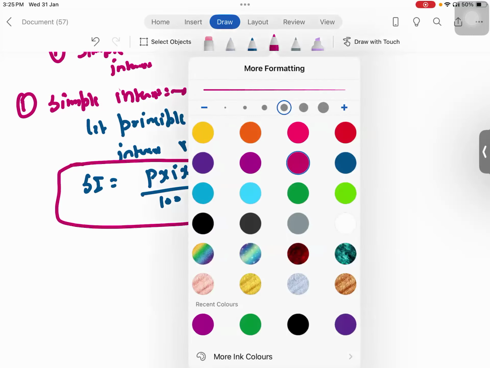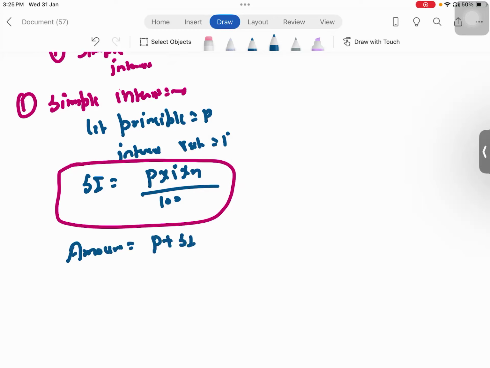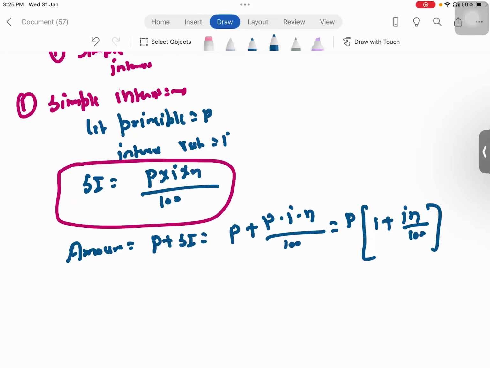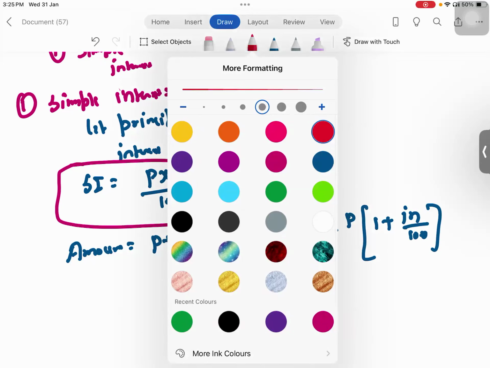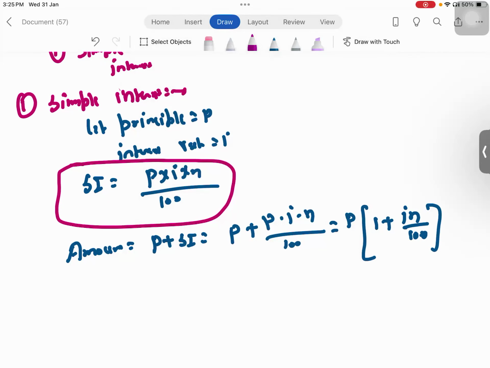For any particular amount, if you want to calculate the total amount after n years, that is equal to principal plus simple interest, that is P plus P into i into n divided by 100. If we take P common, it is equal to P times (1 plus in divided by 100). This is the amount that you will be getting for the interest rate i after the nth year, right? So this is how you can calculate the simple interest.